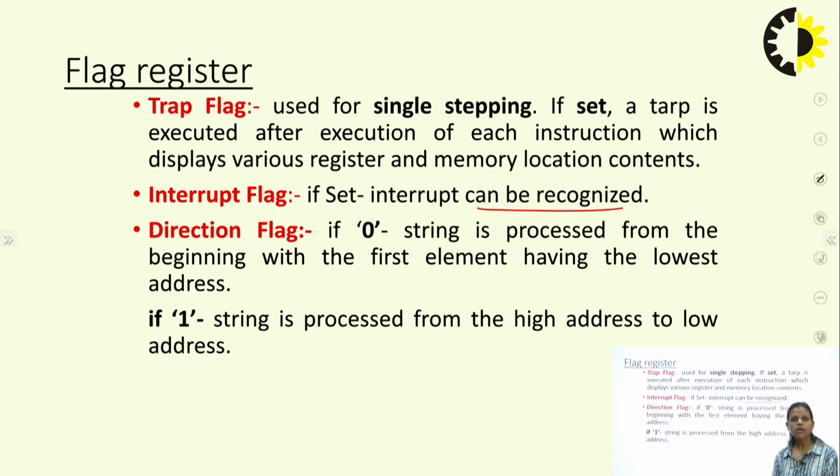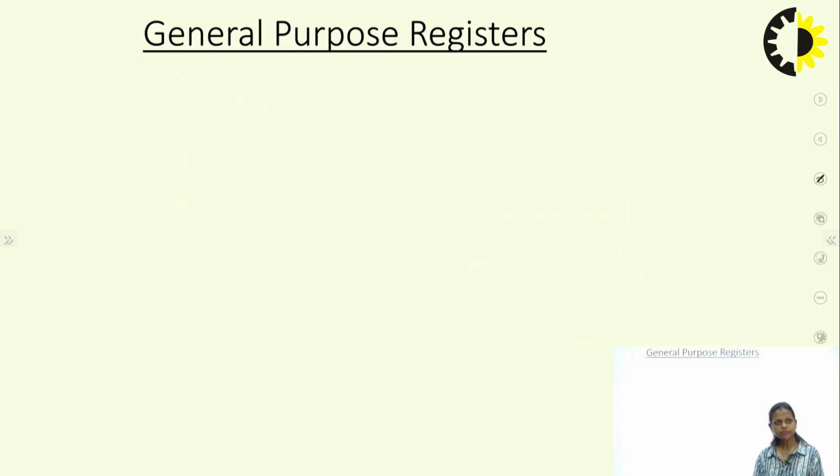So if we want our interrupts to be recognized, then this interrupt flag should be equal to 1. Then we have a direction flag. If it is 0, a string will be processed from the beginning with the first element having the lowest address, and if it is 1, then a string is processed from the high address to the low address.